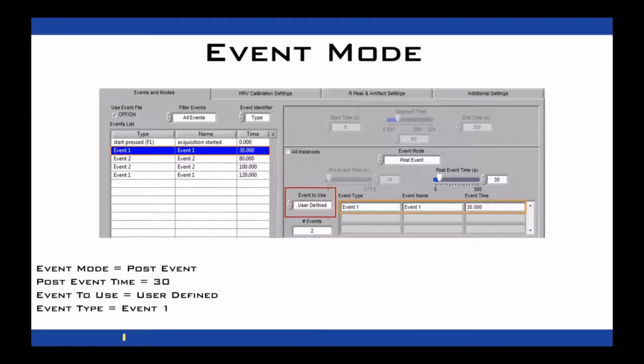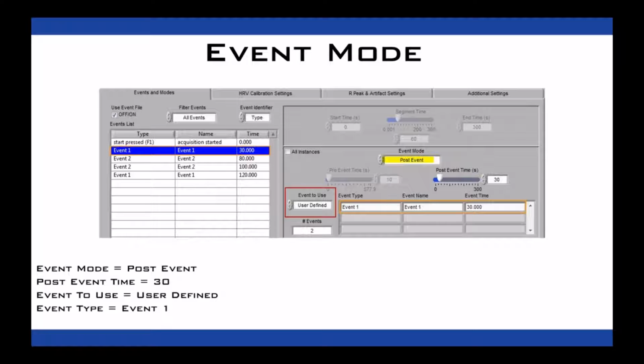Very easy. Okay, now another mode known as post event. There are a few more things to look at here, so we're going to spend a little more time on this. What we've chosen is post event, and instead of using all of the events, which we see in this red box here, we are going to use user defined.